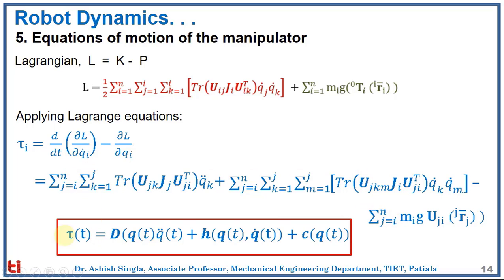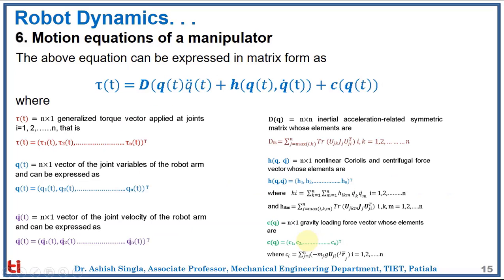And this can be grouped as this equation, where D represents the inertial terms, H represents the Coriolis and centrifugal terms, and C represents the gravity terms. The same thing is expressed here in detail, where D represents the inertial term, H represents the Coriolis and centrifugal force vector, and C is the gravity load force vector.